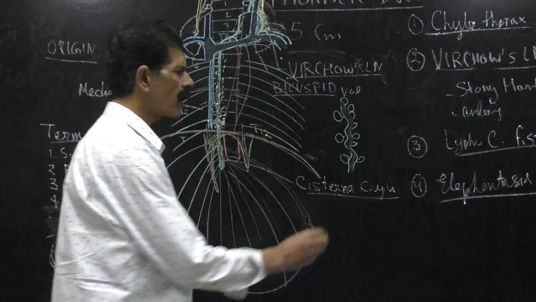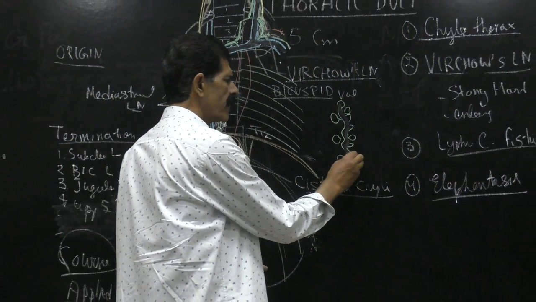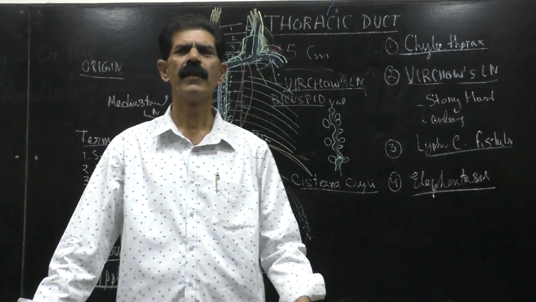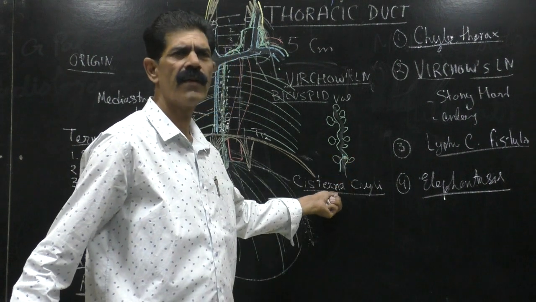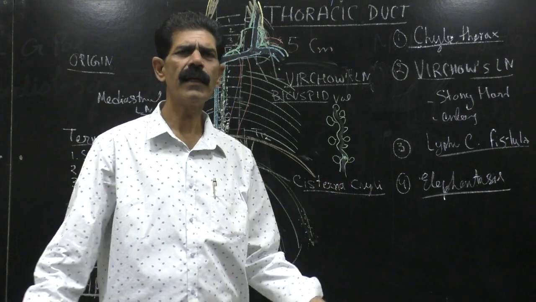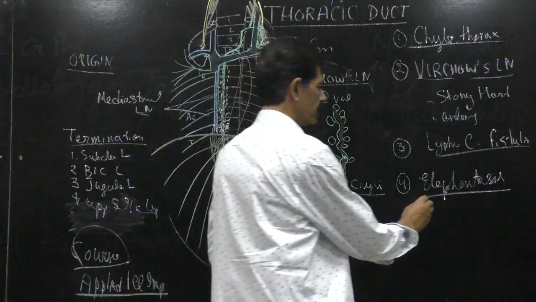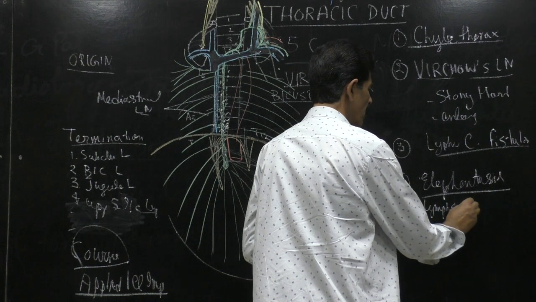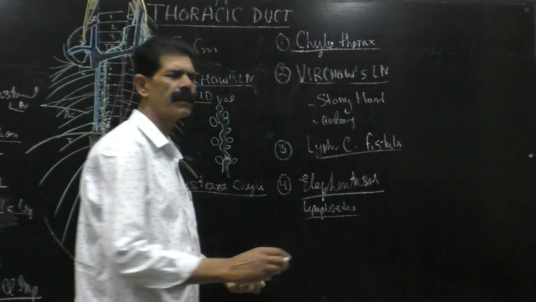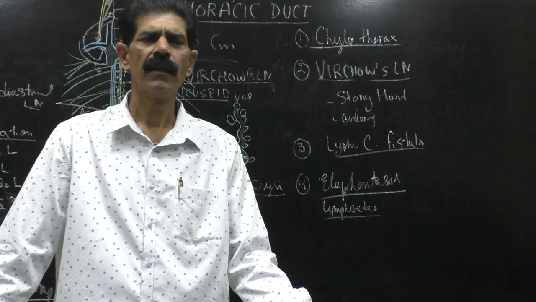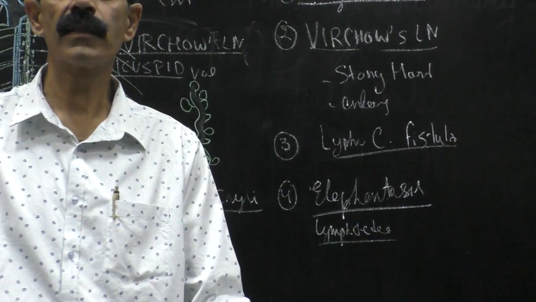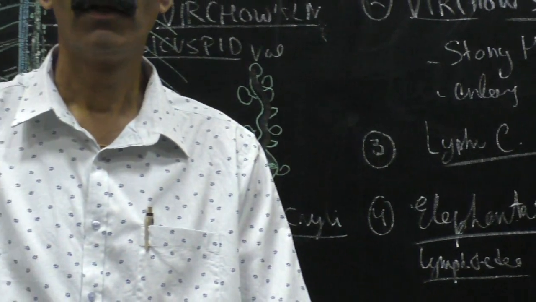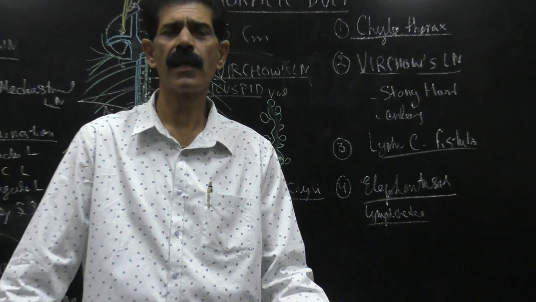So they can block the lymphatics, and this blockade of the lymphatic channels or thoracic duct may lead to the reversal of the lymph to the organs, and that leads to lymphedema. So because of the lymph collection in the organs they become enlarged and swollen, so edema is there. And slowly all the organs undergo multiple organ failure because of the collection of the lymph. So that is the elephantiasis also, very much related to this.